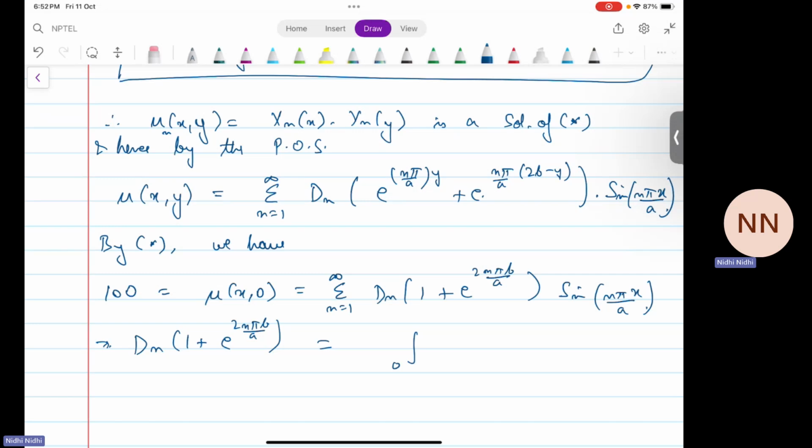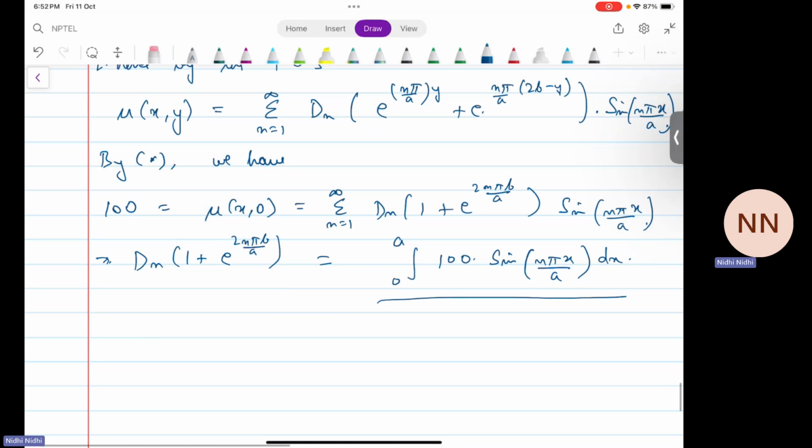So from here we get dn (1 plus e to the power 2n pi b by a) is equal to the integral from 0 to a of 100 times sin n pi x by a dx, divided by the integral from 0 to a of sin square n pi x by a dx.